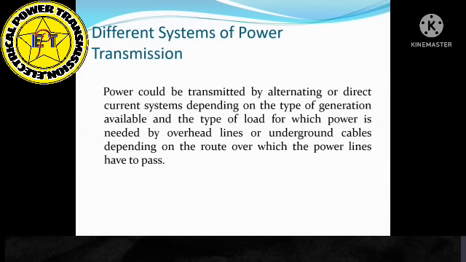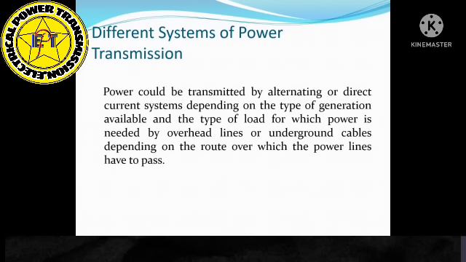So overall, you have the power to be transmitted, either through AC transmission lines or DC transmission line. So you have options. If you are economically sound, your company is well established, your country is financially stable, you can transport power through DC transmission line, because the cost of conversion and inversion is very high.